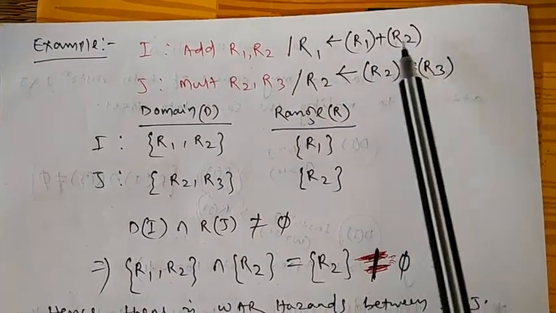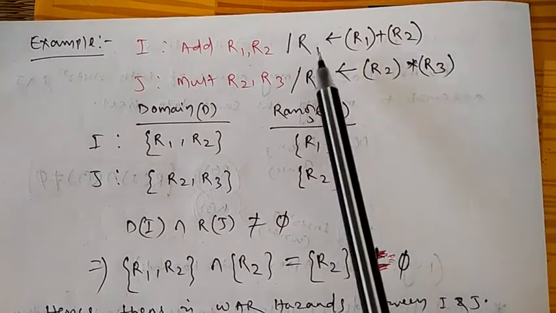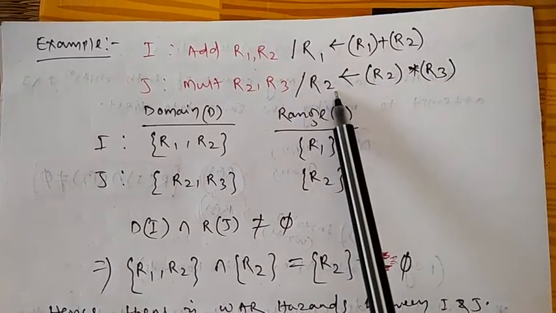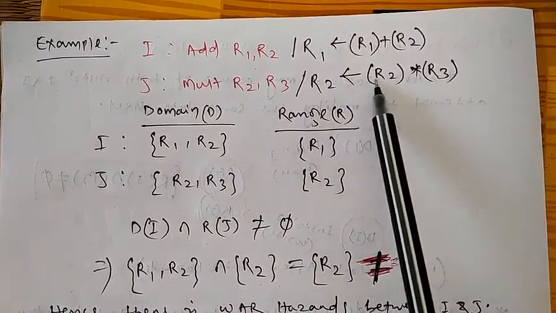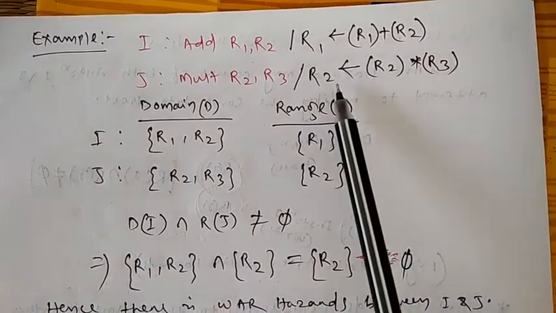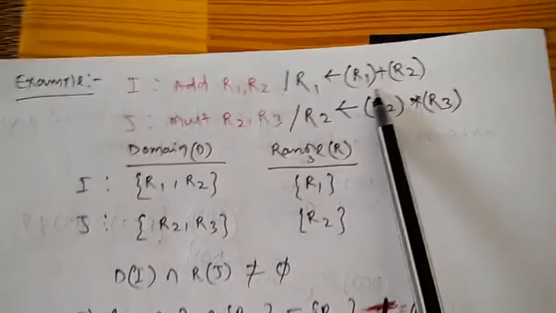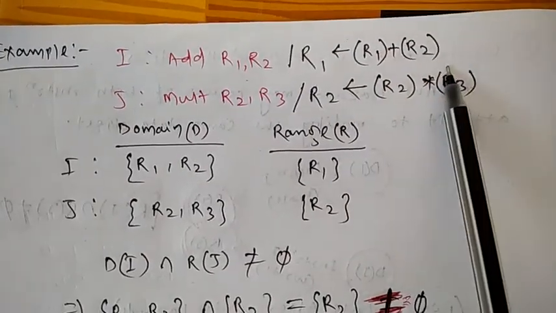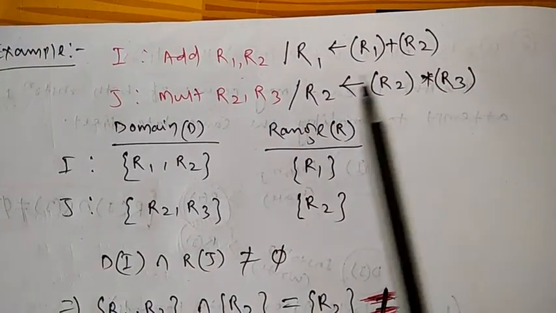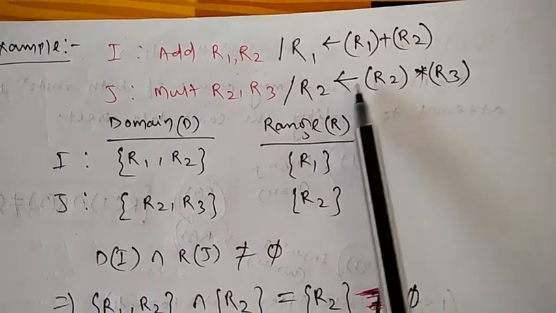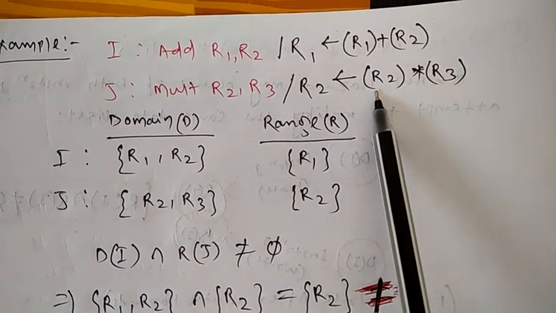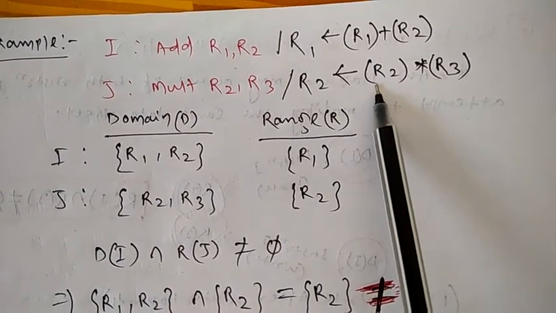So r1 and r2 values will be added, then stored to r1. After that, r2 mod r3 will be executed. Look here, r1 is computed by accessing r1 and r2. At the same time r2 is also accessed by the j instruction.